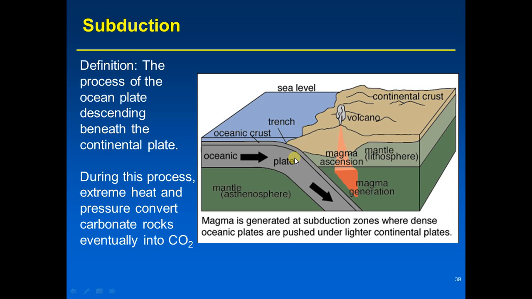By the way, subduction zones can generate large earthquakes. The San Andreas Fault in California is a transverse plate boundary. It's not a subduction zone. Two plates are sliding past one another. You don't have an oceanic plate diving under a continental plate. But subduction zones can generate large earthquakes.